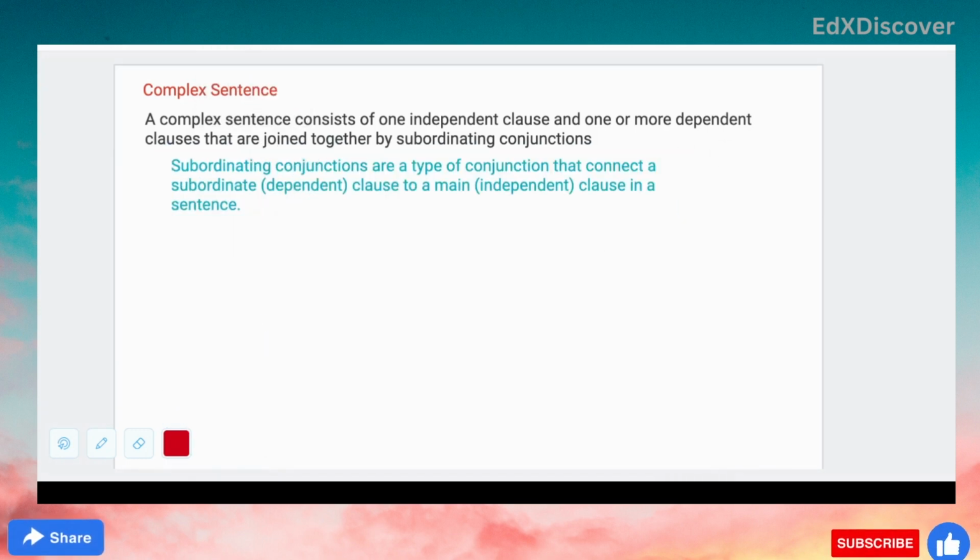Now, what are all the subordinating conjunctions? These include: because, after, although, as, whereas, whenever, wherever, while, until. There are more subordinating conjunctions. I will just give you what we will use regularly.